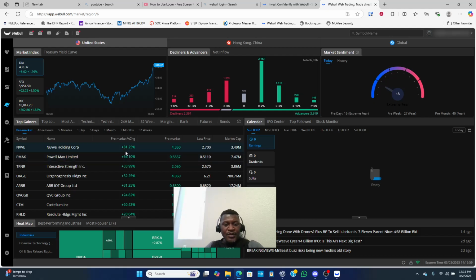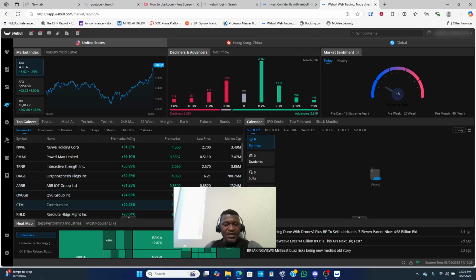So we're going to look at the market cap, which is very important to me. Why am I looking at the market cap in the morning? If a stock has 780 million, I know that this is a company. So if something goes on, news and everything, I'm paying attention because it will give me an idea as to how long I can stay in the stock if I get in.